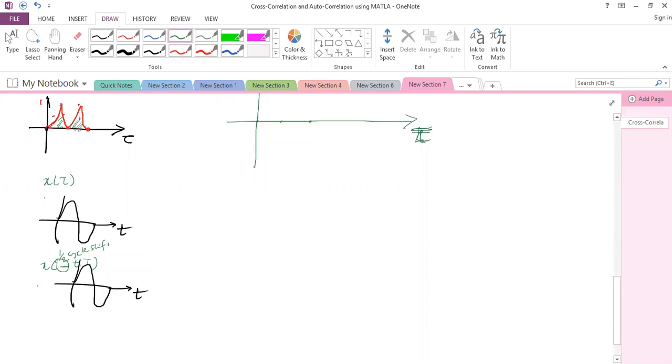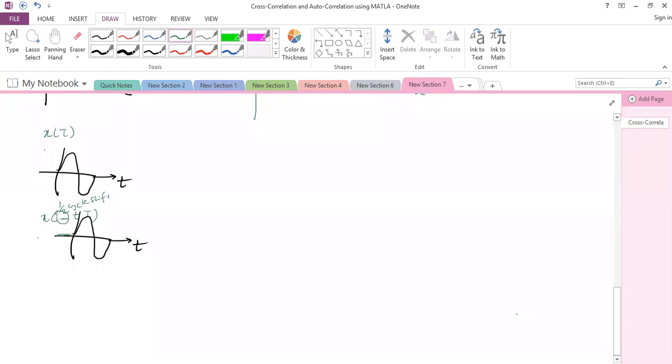now again we have to take the dot products. So in this time duration, the positive values of x of tau will overlap with zero values of x of t plus tau, and that will be zero. And the area under the curve of that product will be zero. Okay. So I'll write the product curve. The product curve looks like this, all these are taus.